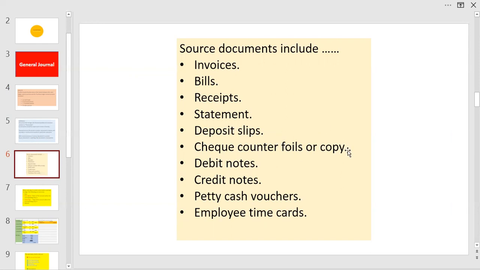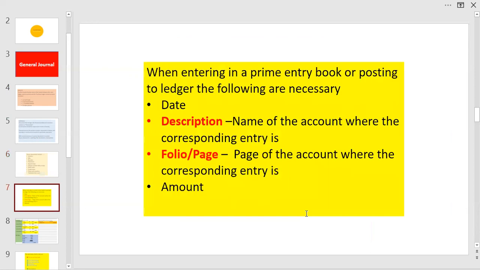When we have a claim or anything to receive, we raise debit notes. Similarly, credit notes are generated when a debtor returns sold goods, petty cash vouchers, employee time cards, and there are many more. By picking information from a source document, when we enter, either in a prime entry book or when we are posting to the ledger, the following information is necessary.